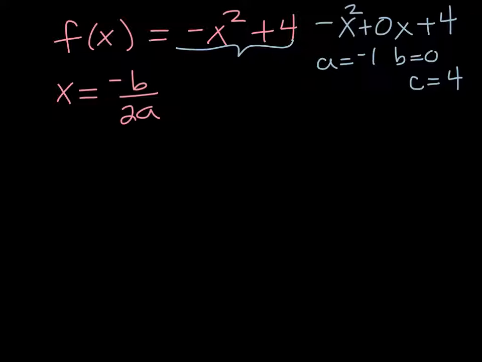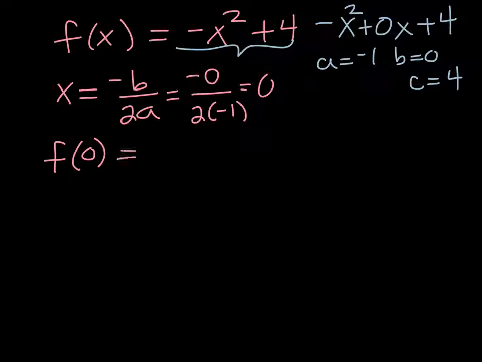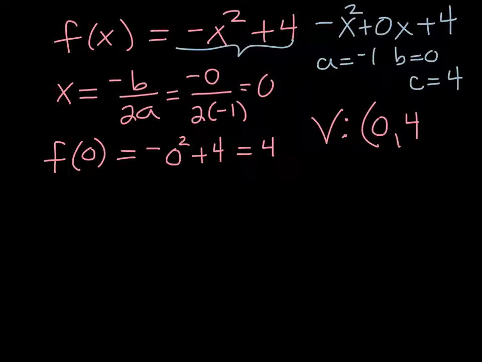So when we're looking at negative b over 2a, we're talking negative 0 over 2 times negative 1, which is 0. And when I evaluate my function at 0, I'll get negative 0 squared plus 4, and I'll get 4. So my vertex is 0, 4, and my axis of symmetry is x equals 0.